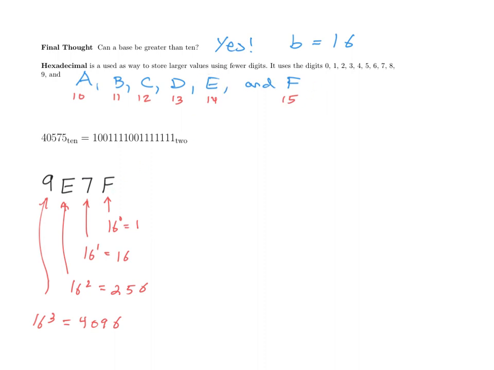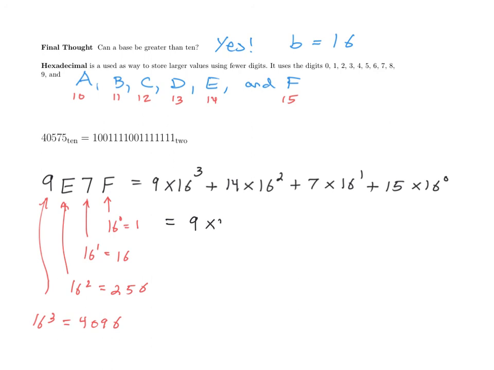So this is going to be the digit 9 times its place value, which is 16 cubed, plus E, which has a value of 14, times its place value, which is 16 squared, plus 7 times 16 to the first, plus F, which has a value of 15, multiplied to its place value, which is 16 to the power of 0. So I'll finish writing this out.